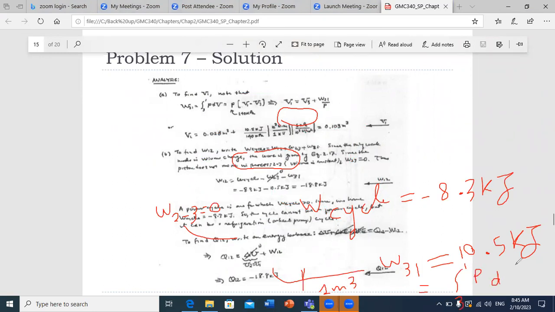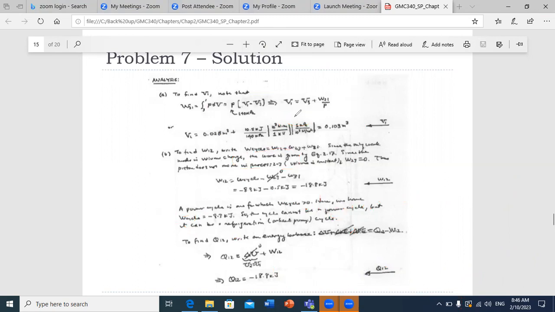Because it's a constant pressure process, you can take P outside of the integral. Then you can find an expression for V1 as a function of V3. So as a first step, from W31, we can calculate the value of V1.